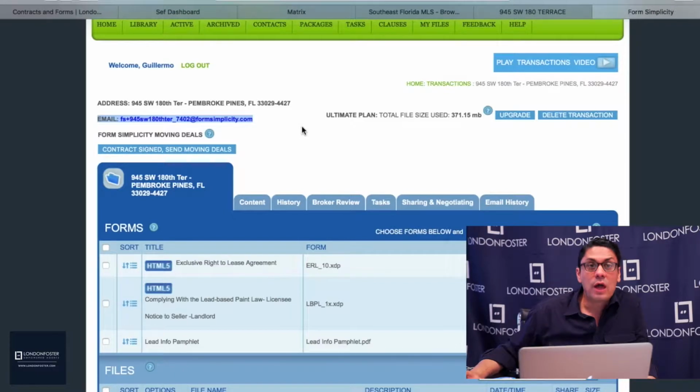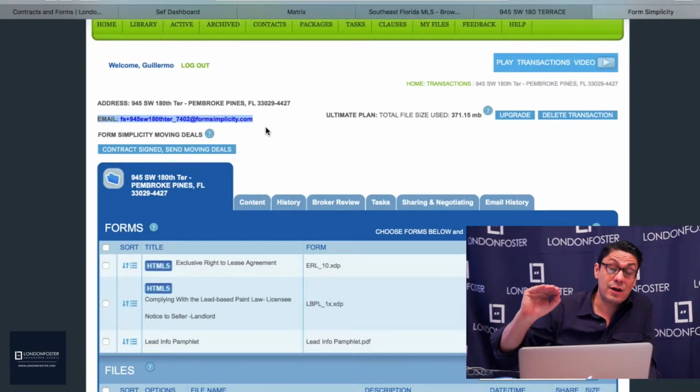So what is that for? Let's say for instance you need to get a copy of the LLC because it's written out to a family trust or to an LLC, so you want to include that in your package. You want to make sure that your client emails that to you. You can give this email to your client, and any documents that are emailed to that email address will be included in your package.